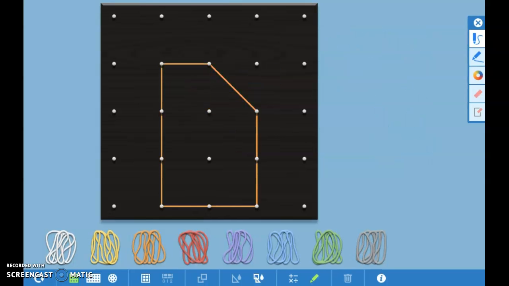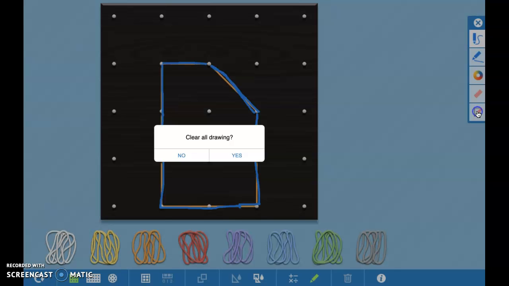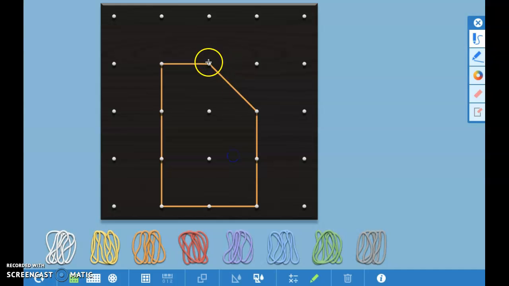When looking at this new figure, a student might come around and count this as 1, 2, 3, 4, 5, 6, 7, 8, and then they may see this distance as 1. So they may say that the whole perimeter is 9. But remember that this side right here is not equal to 1.